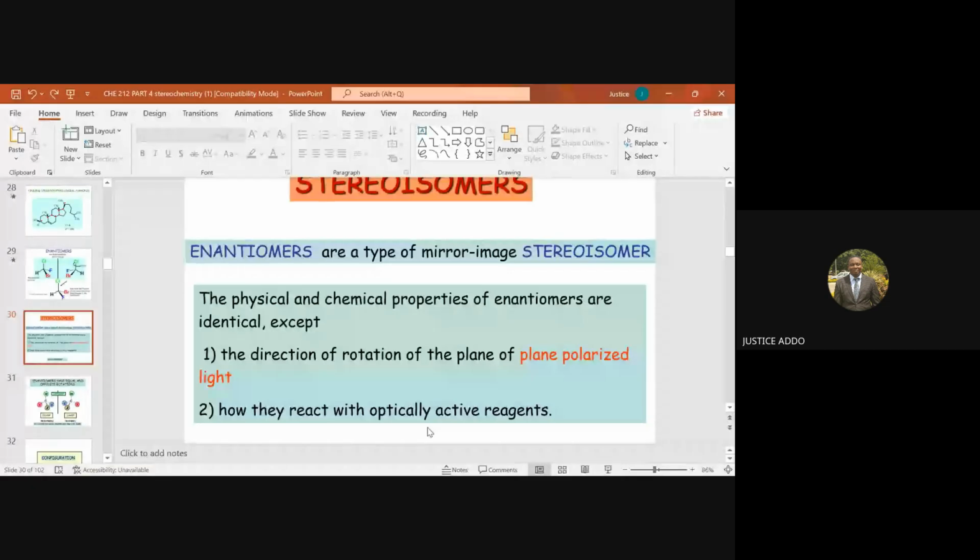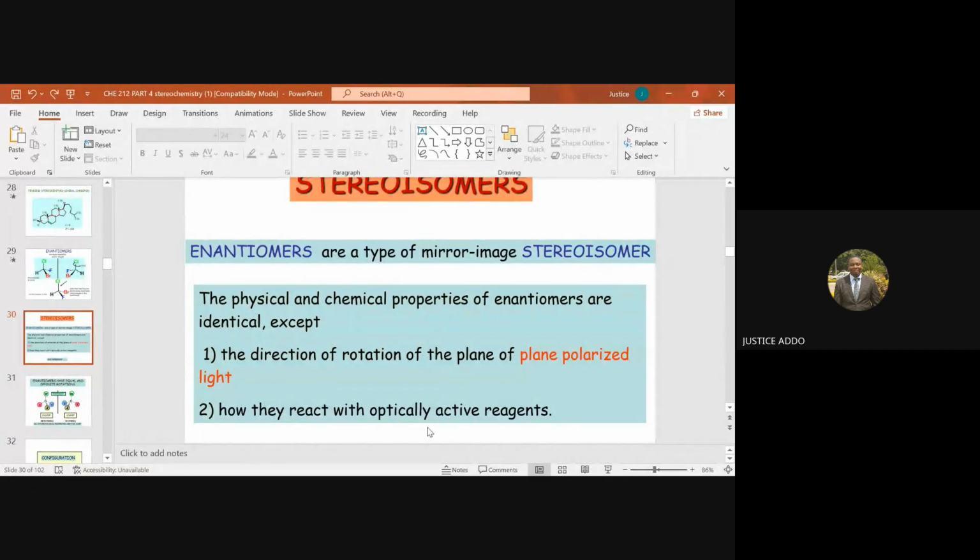We have already explained that when we talk about an optically active compound, it means that compound, one, has a chiral center, and two, that compound has no plane of symmetry. So the compound has a chiral center, it has no plane of symmetry or line of symmetry, then we say that the compound is optically active.